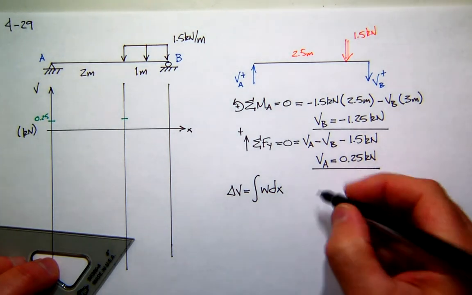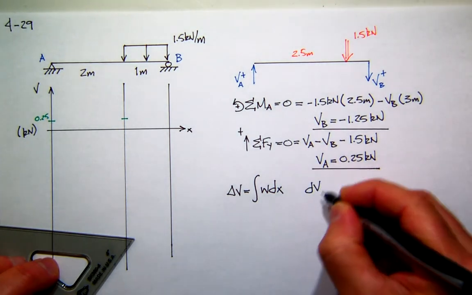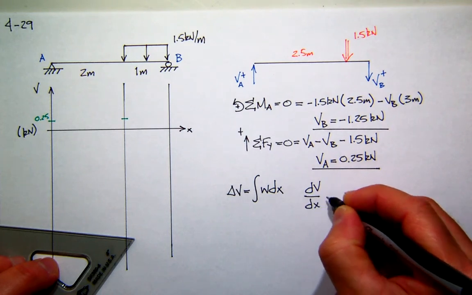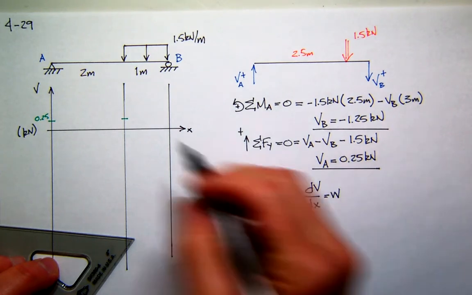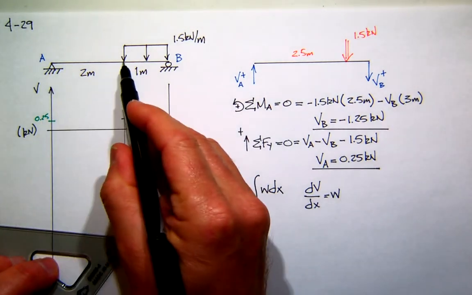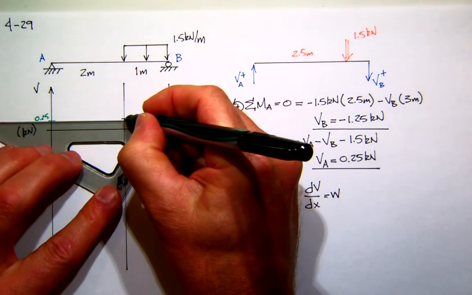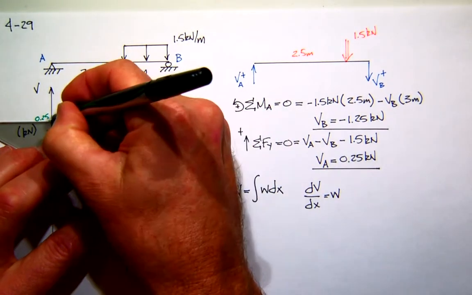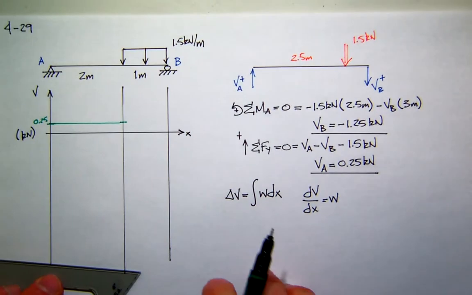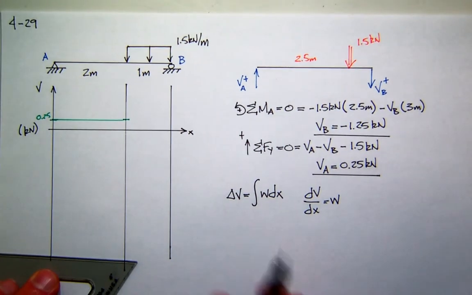We also know that the slope of the shear diagram is equal to the load. And what's the load over the first 2 meters? 0. So 0 slope gives me a flat line. It looks like that. So constant shear.